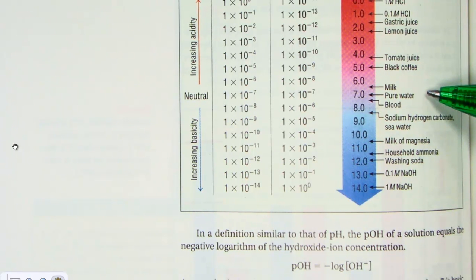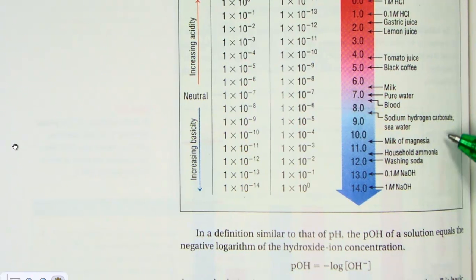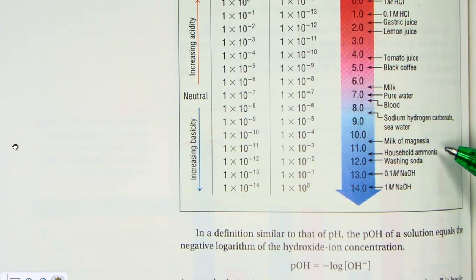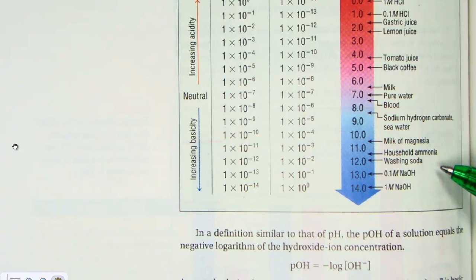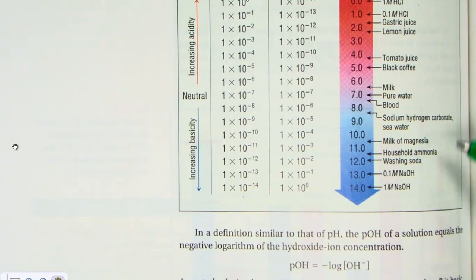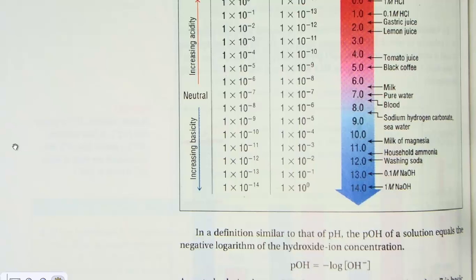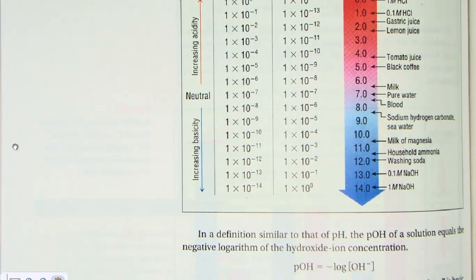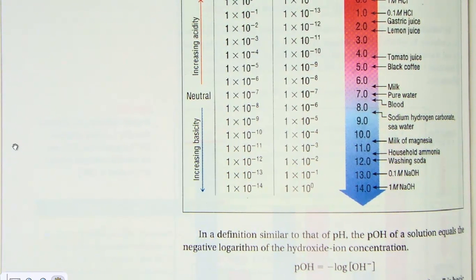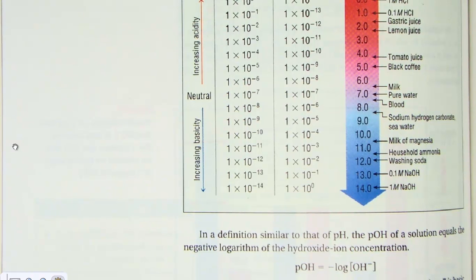We see some examples of milk, pure water with 7.0, baking soda called sodium hydrogen carbonate, milk of magnesia. We talked about that as milk of magnesia neutralizes our excess stomach acid if we have an upset stomach, household ammonia, sodium hydroxide. Some of these were samples that we tested in our lab just to determine if ordinary household ingredients were common acids or bases.